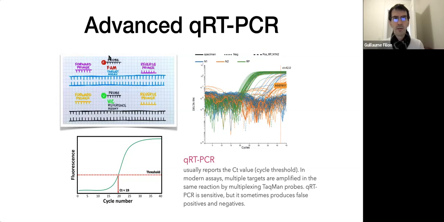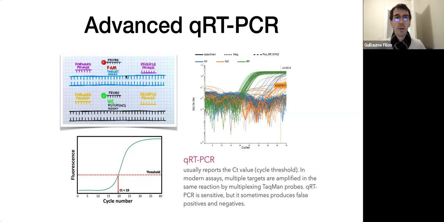Because you can have a TaqMan probe here with a red fluorophore together with a TaqMan probe with a green fluorophore. Remember, the TaqMan probes emit light when they're destroyed. They bind the target, but then the polymerase passes, destroys them, and that's what emits light. And if you do 2 PCRs at the same time in the same tube, if you have 2 independent probes that bind the targets, you're going to emit a red light when this one is produced and a green light when the other one is produced.